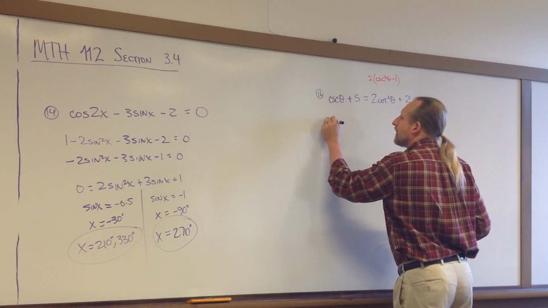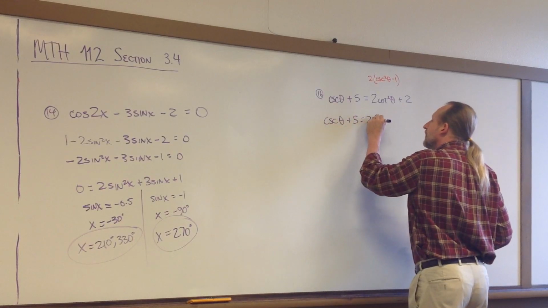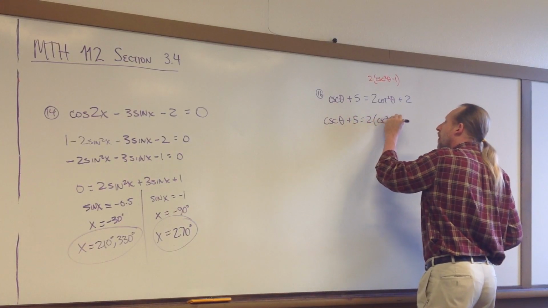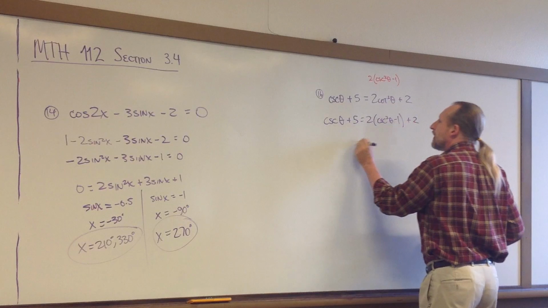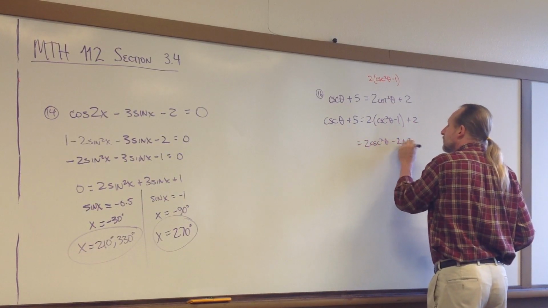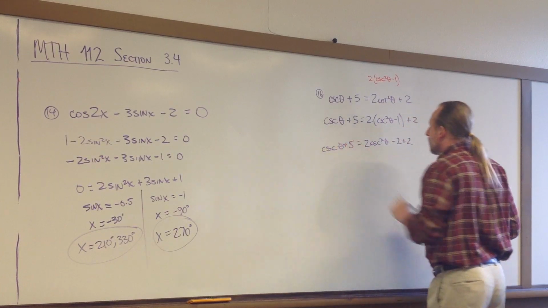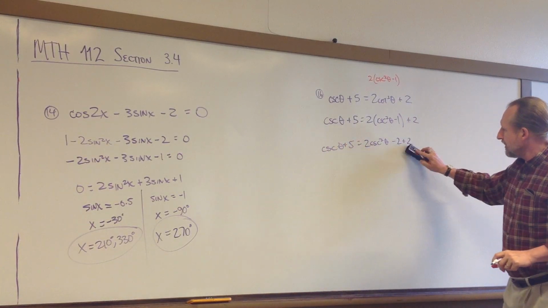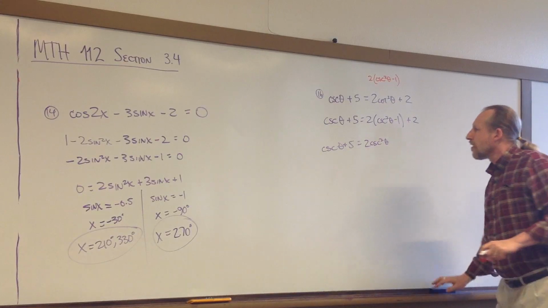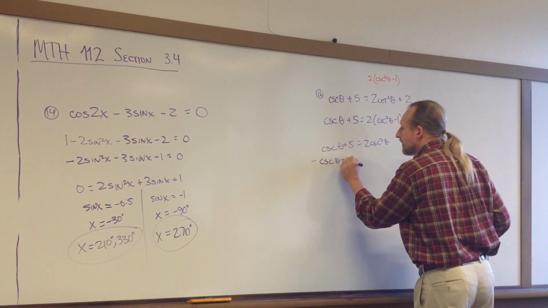So, if we go ahead and make that substitution, then this will be 2 cosecant squared theta minus 2 plus 2. So that'll make 0 here. And then we'll move these to the other side.